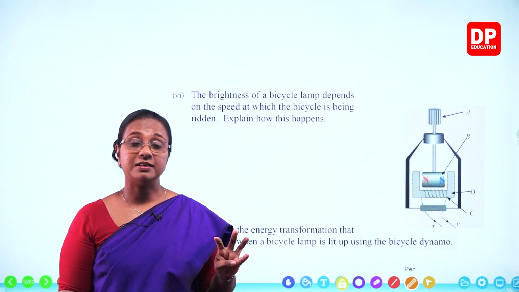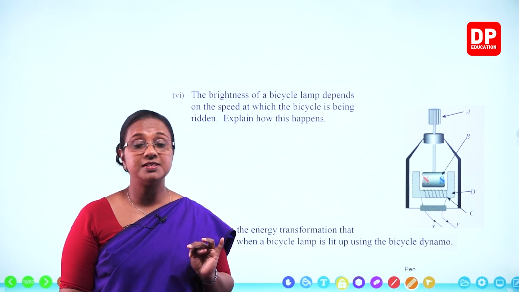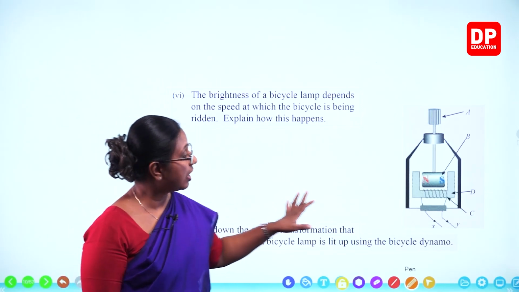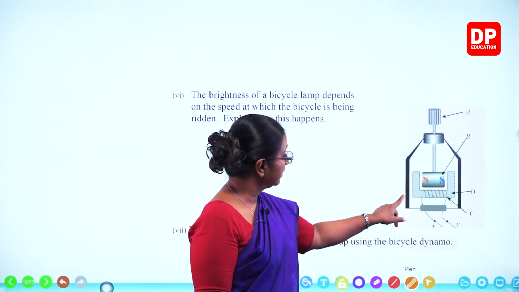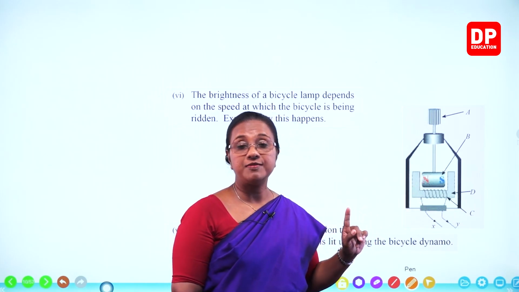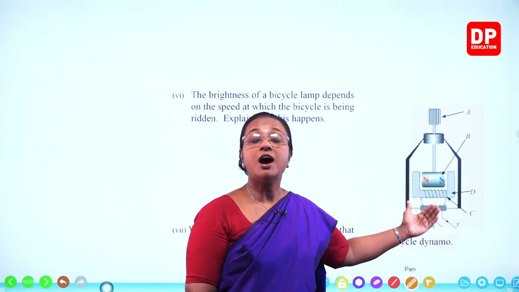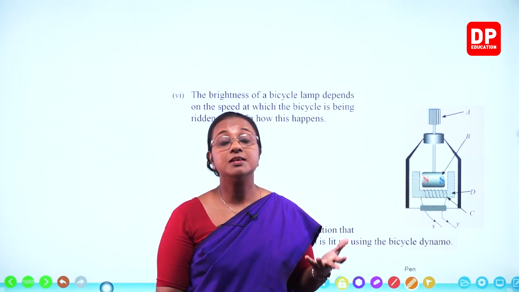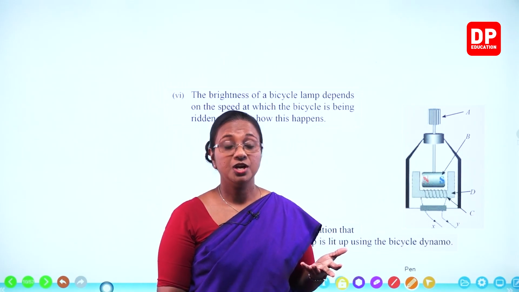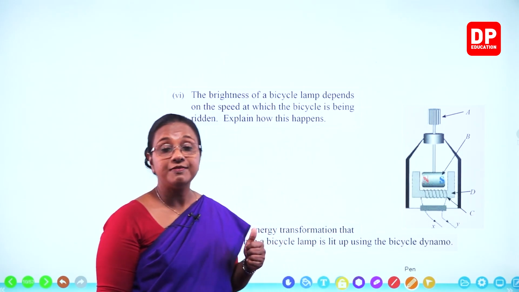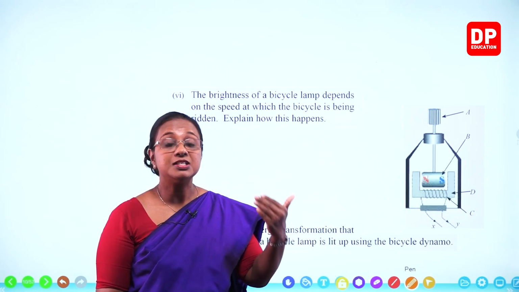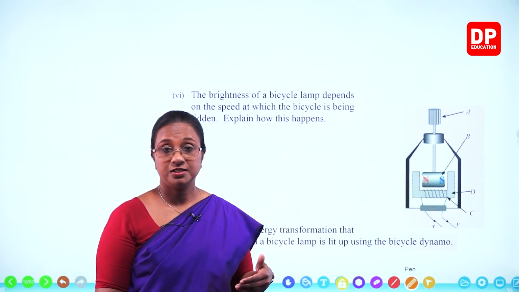One, strength of the magnet. The other one, number of turns in the coil. Those two are constant here. The same magnet, same number of turns. That does not change after the bicycle dynamo is manufactured. So the only thing that affects the current is the speed of rotation.